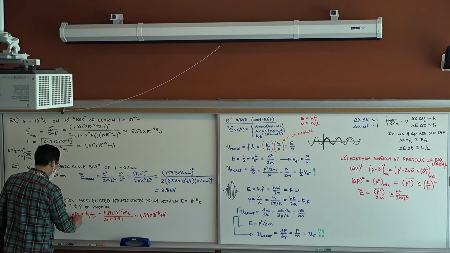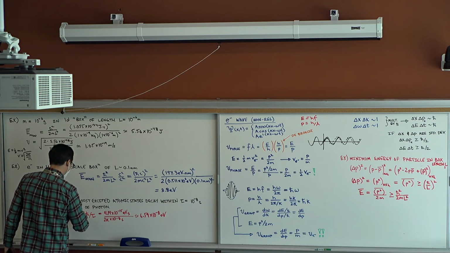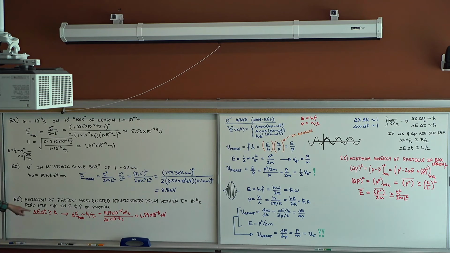So as I've solved this, this would be delta E min, since that's the greater than or equal to here. If I wanted to find the similar for f, we could say that delta E times delta t is going to look like h times delta f times delta t, right?